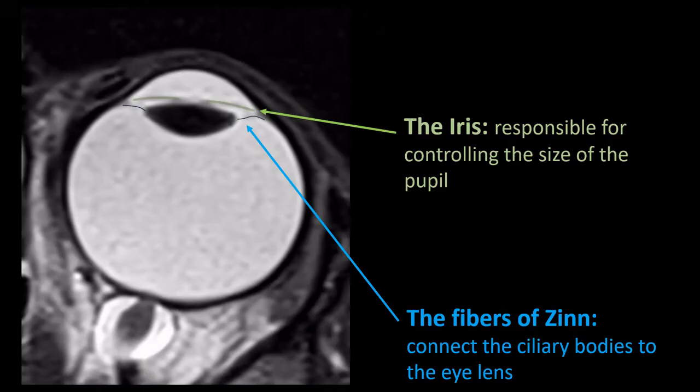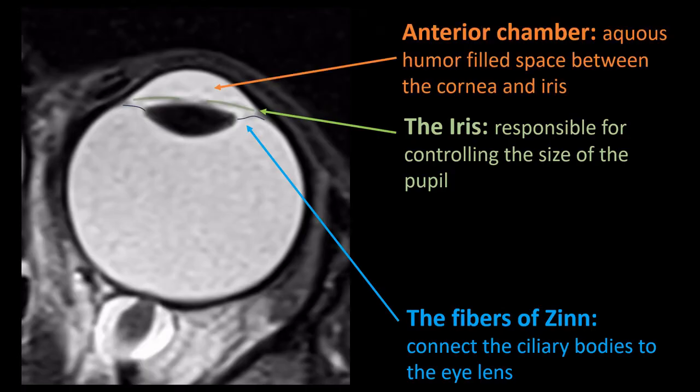And these two structures divide the anterior segment of the eye in two parts. As said, the anterior segment is filled with a watery fluid, and we have an anterior chamber, which is the watery filled space between the cornea, the transparent layer of the outer layer, and the iris.